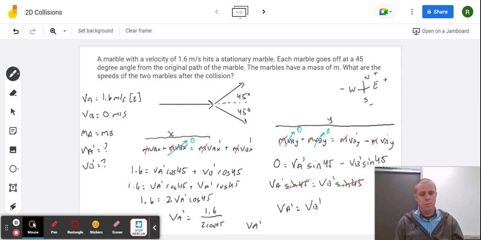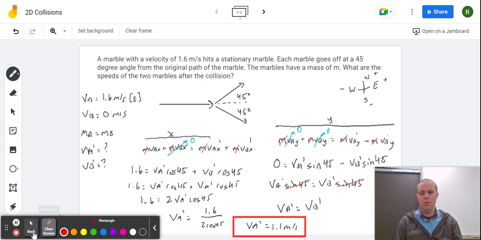And we get a final answer of 1.1 meters per second. So what that means is both, because they're the same, the final speed of each marble is 1.1 meters per second.